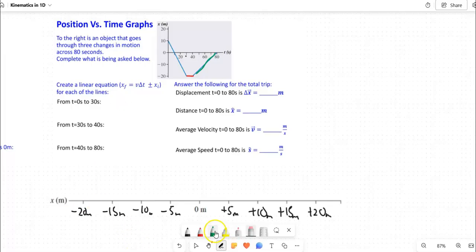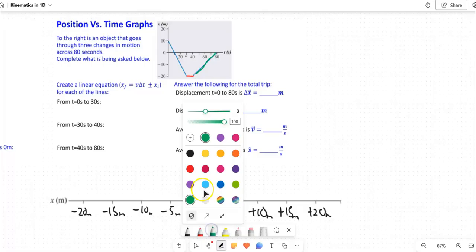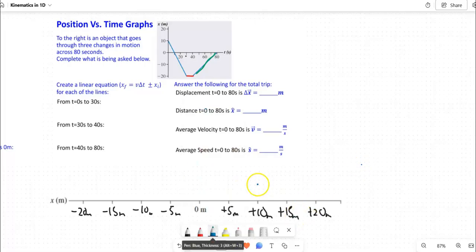We're going to start off with blue. It starts off at the positive 10 meter mark at 0 seconds, and I probably should make sure I got enough room. So at 0 seconds, and it ends over at the negative 20 meter mark at 30 seconds.